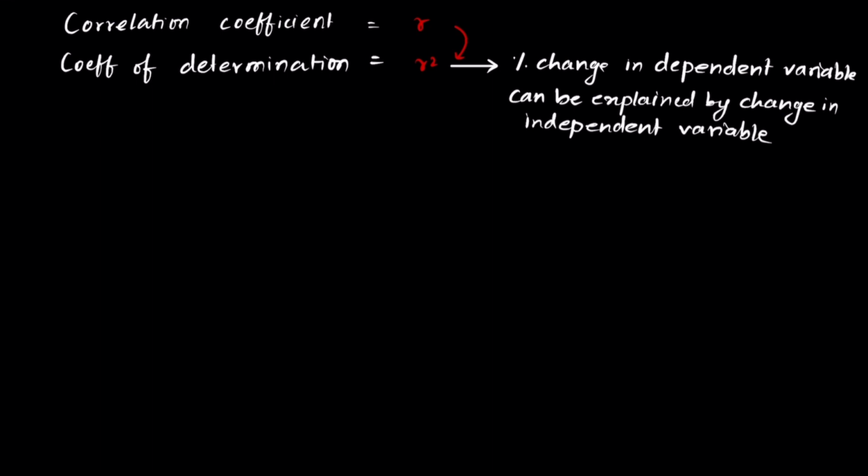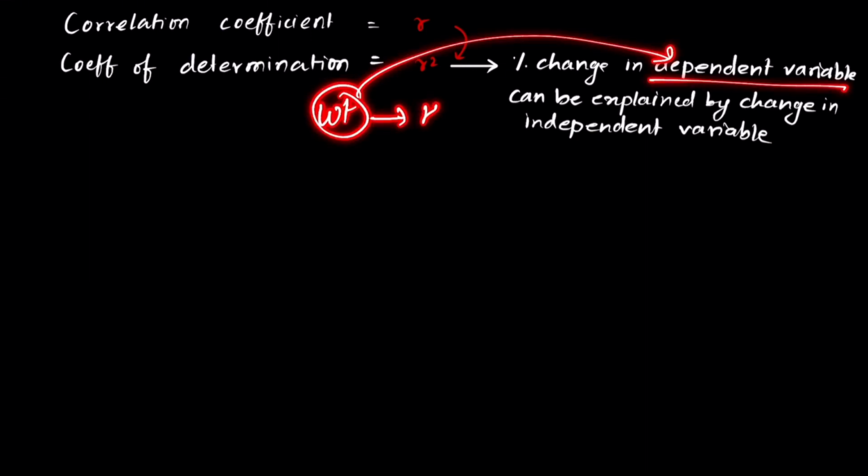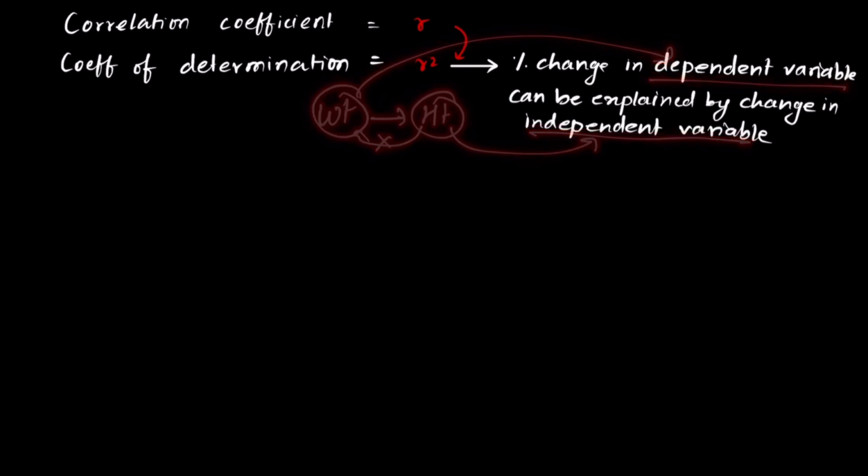You observe that the weight of the person increases. You find out the various factors influencing the weight of this person. Among those factors, you choose the height of the person. You see that the weight of the person has increased because the height of the person has increased. So height is one of the factors that you are using to relate with the weight of the person. In this case, weight is obviously the dependent variable because it is dependent on height. But height is the independent variable because it is not dependent on weight.